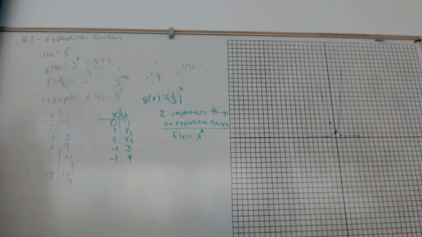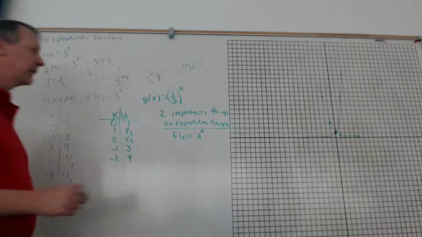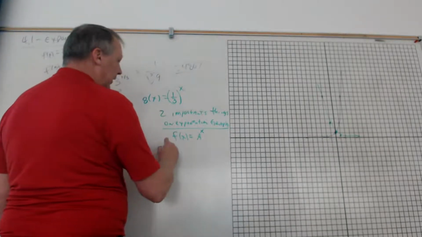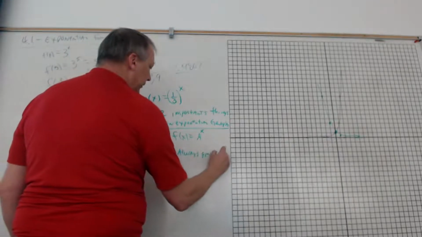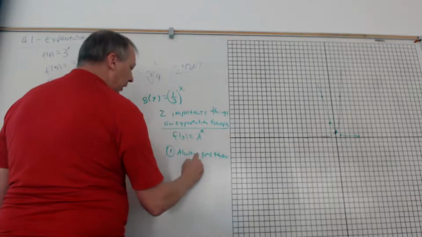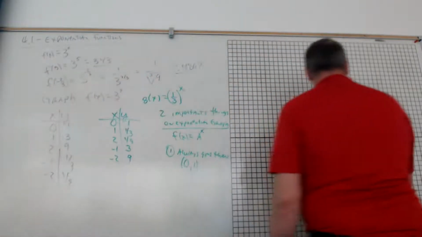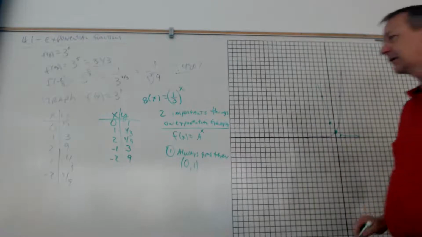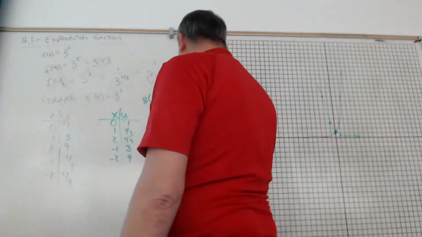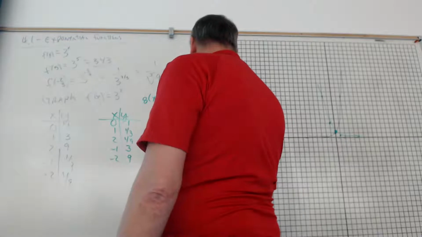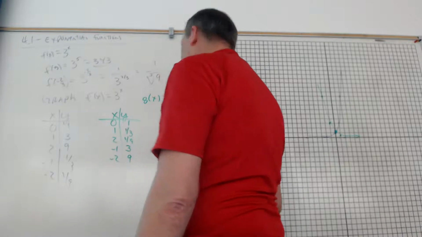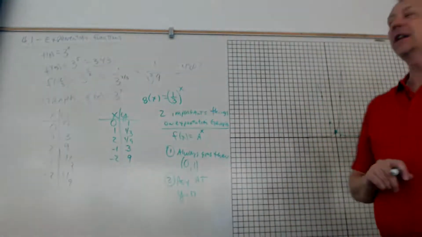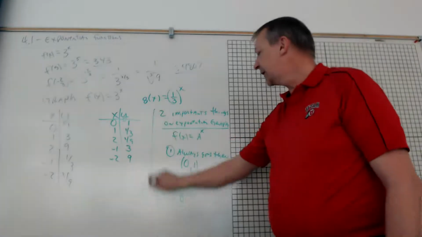Anytime you have a function, 6 to the x power or 5 to the x power or whatever, the two important things: 1, it always goes through 0, 1. You'll notice in either case, we went through that point right there. And 2, you have an asymptote at y equals 0.